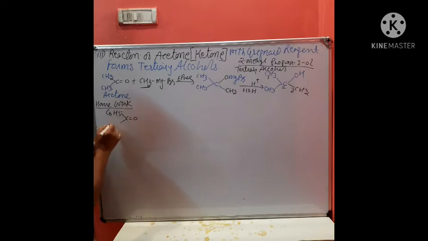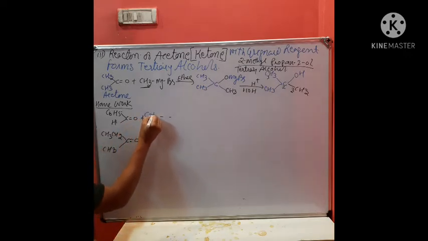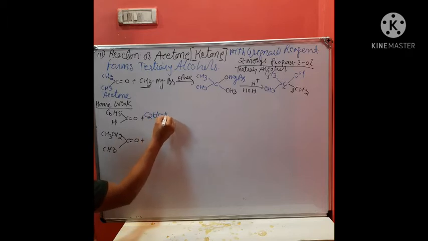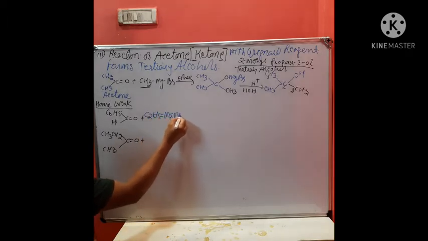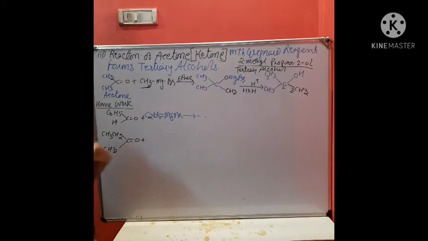First I am taking simple benzaldehyde, and the same reaction you have to complete. I can change it, suppose CH3CH2 C double bond O plus CH3, now I am changing what? Grignard reagent C2H5MgBr, and you have to complete the reaction.